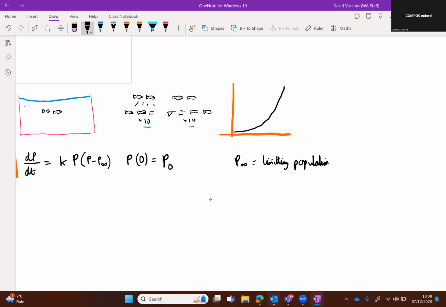Oh, I mean it the other way around, sorry: P infinity minus P. So as P increases... intuition test.